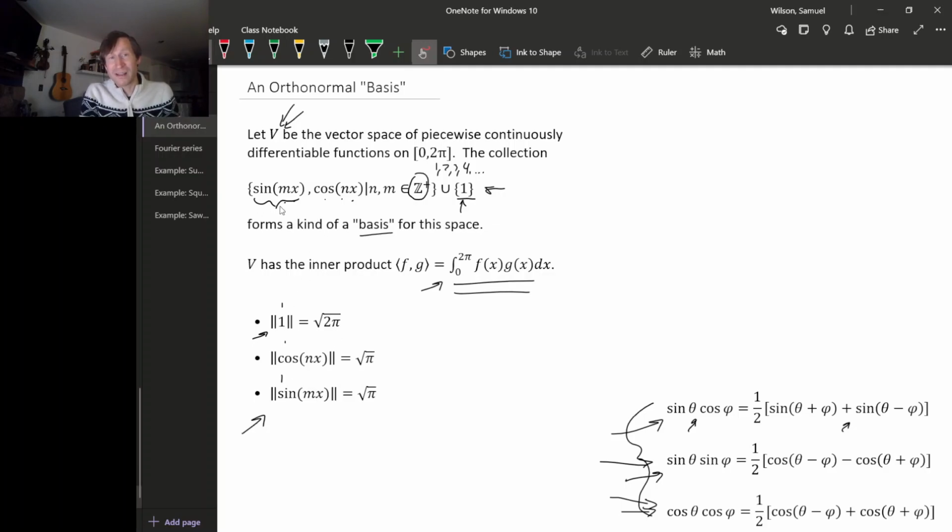All of these basis elements are orthogonal to each other, and we could make it an orthonormal basis just by dividing by all of their norms. So now that we have an orthogonal basis for this vector space, that's going to make computing the components of any given vector in this space with respect to this basis much easier, because we can use the inner product to compute the coefficients for the components.